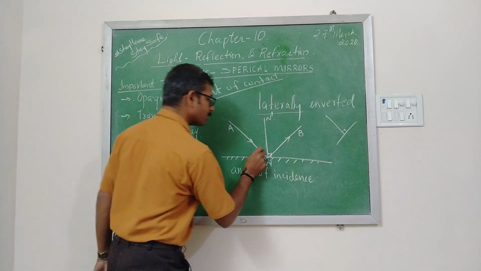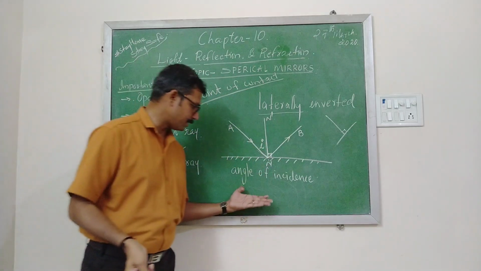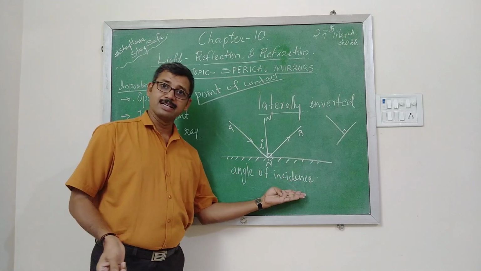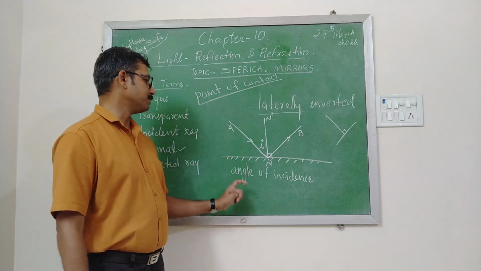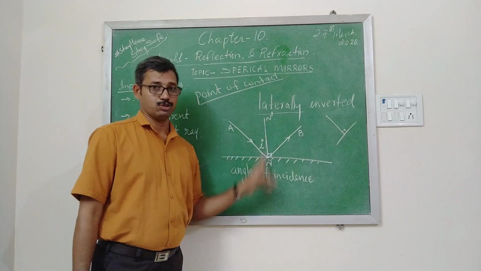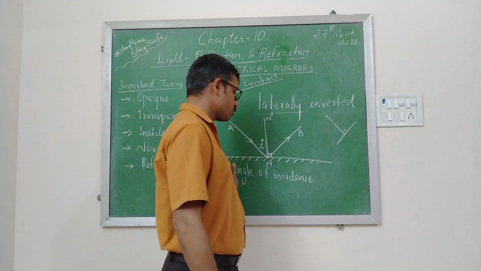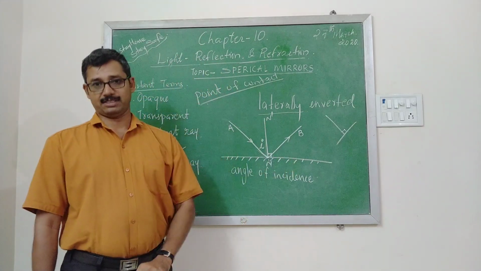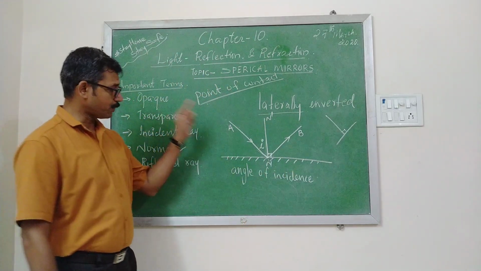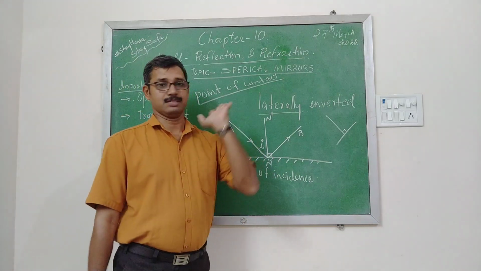So this is the angle of incidence, there is no doubt. Now you must understand what the normal is: the perpendicular drawn at the point of contact, which is the point at which the ray falls on the mirror.